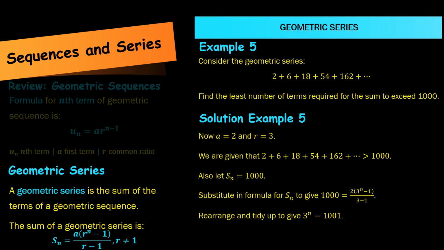So if we rearrange this, we obtain 3 to the power n equals 1001. And then let's now solve for n. So we take logs, as shown here, and this gives us that n equals log 1001 divided by log 3.